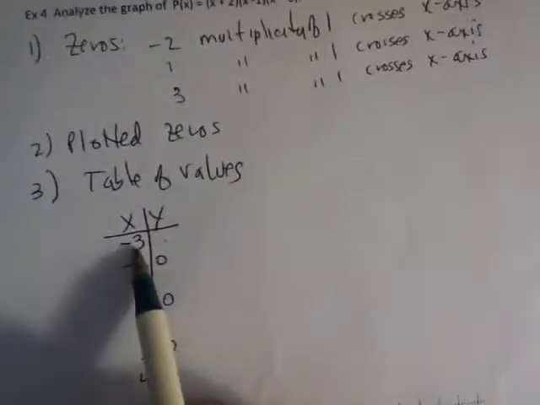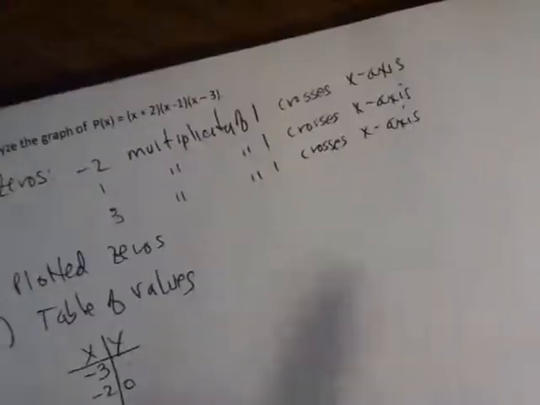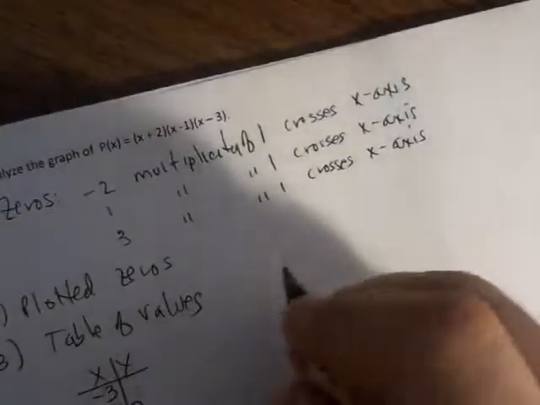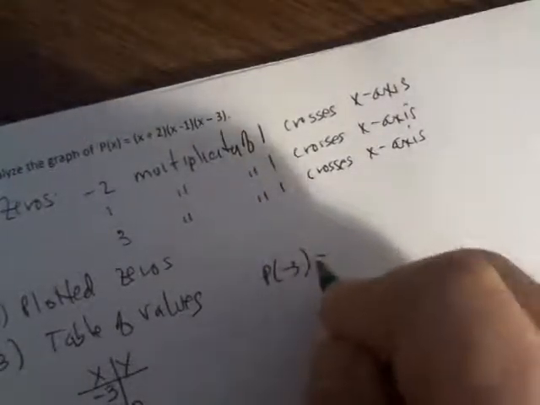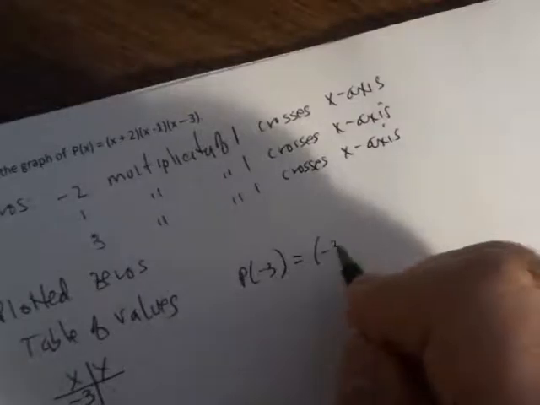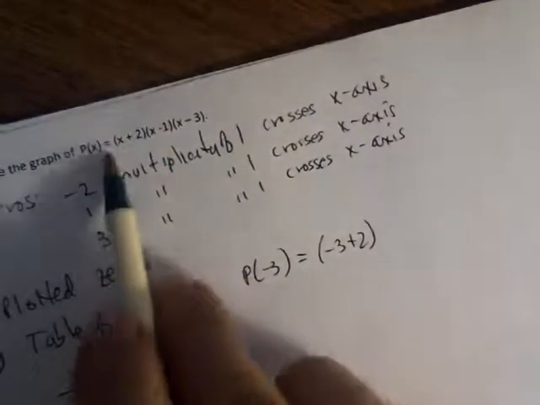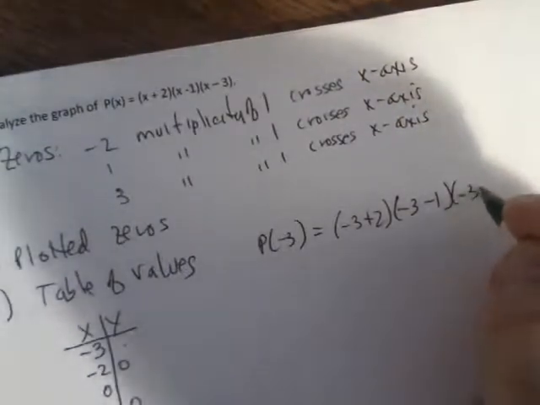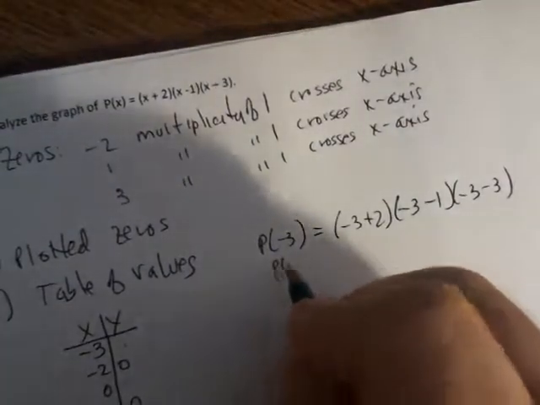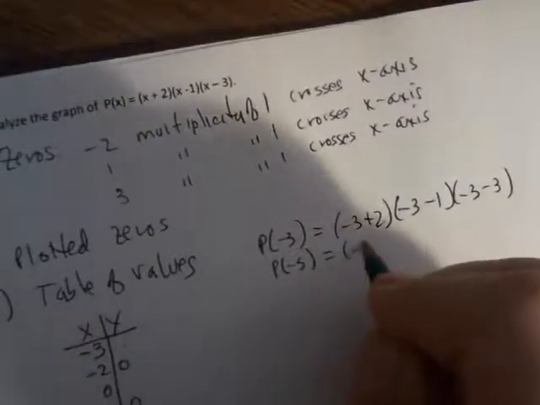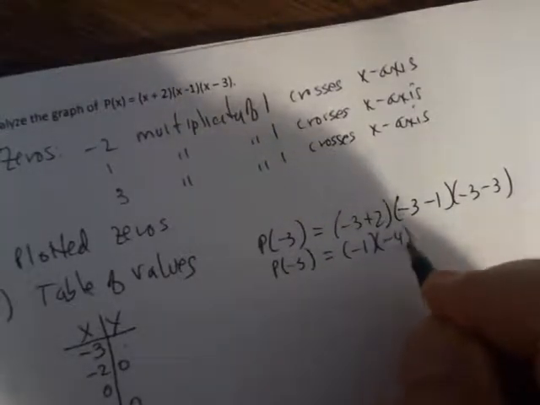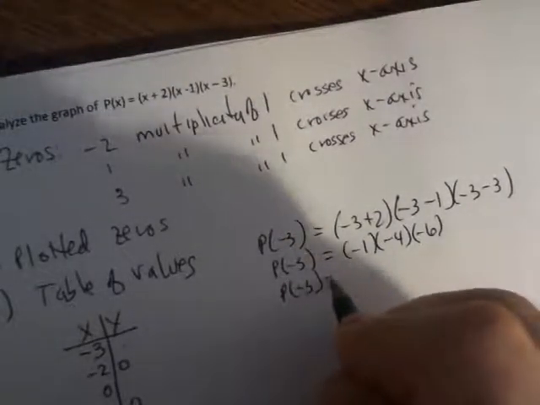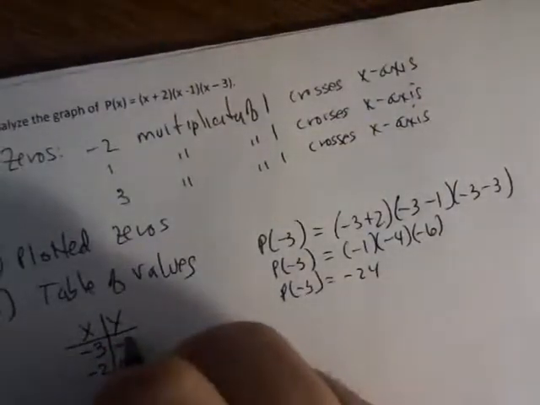Now what I've got to do is find what the y value is when x is -3. So I'm going to find p of -3. And this is -3 plus 2. I'm just substituting up into here, just like we do for any equation we want to graph. And that gives me -1 times -4 times -6, which is -24.